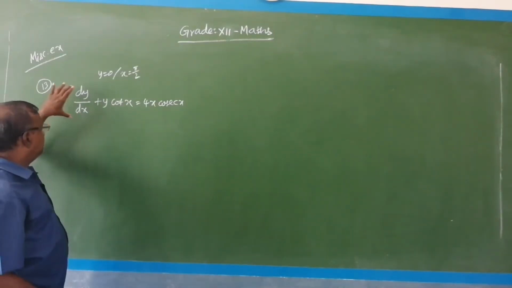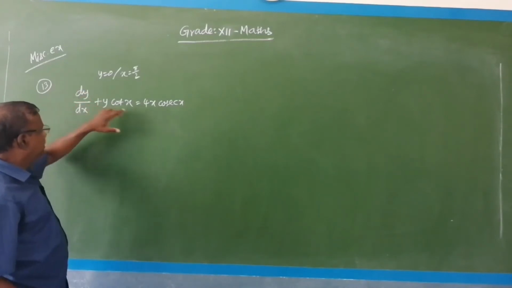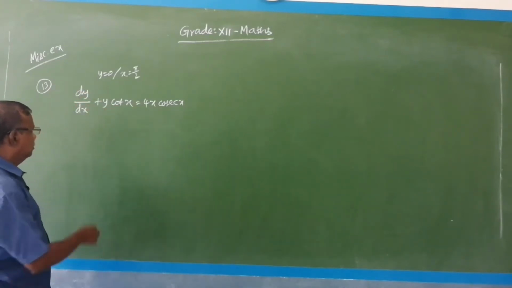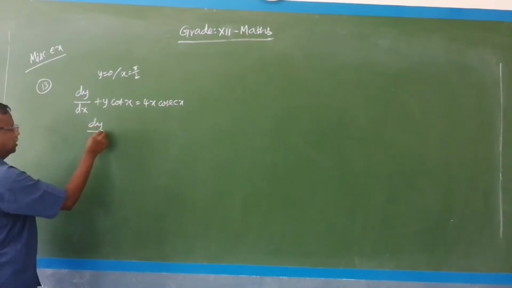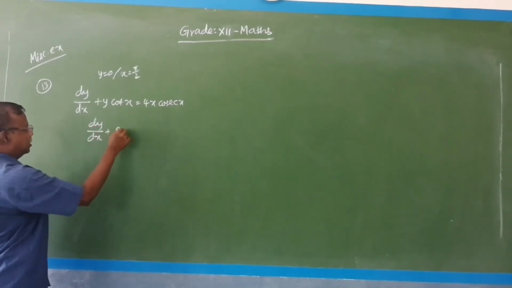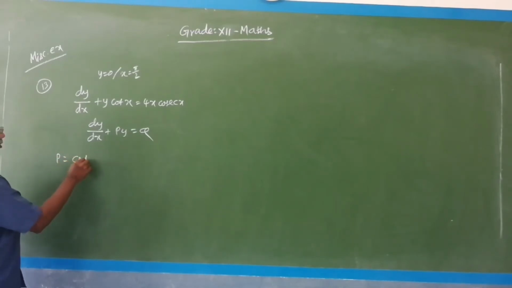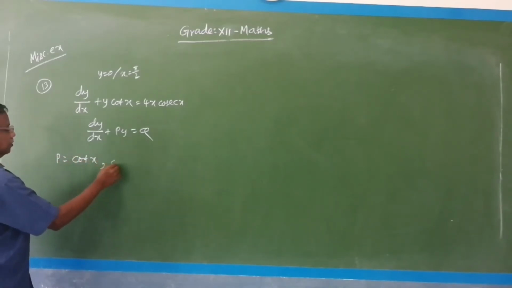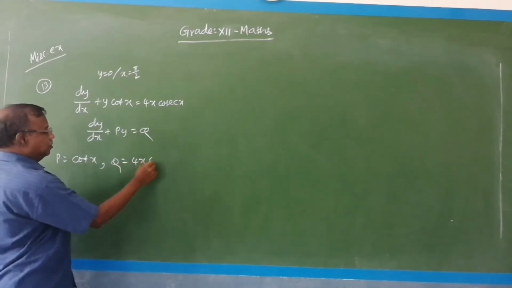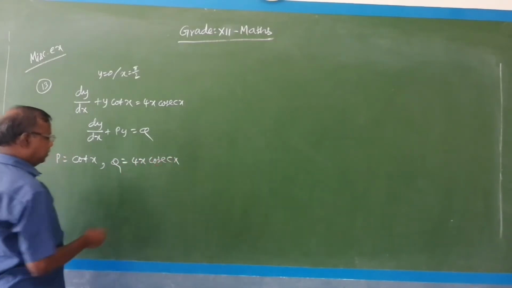Now look at this equation. This is in the form of dy by dx plus py equal to q. Comparing with dy by dx plus py equal to q, we have p equal to cot x and q equal to 4x cosecant x.